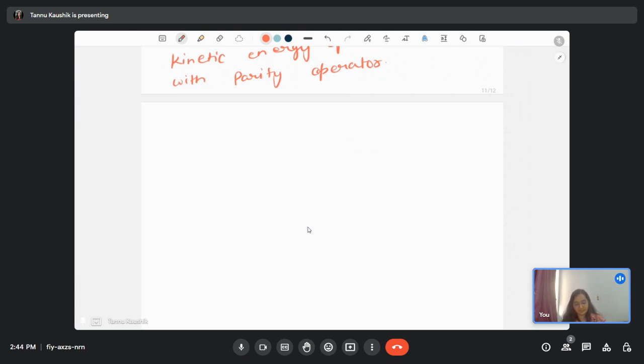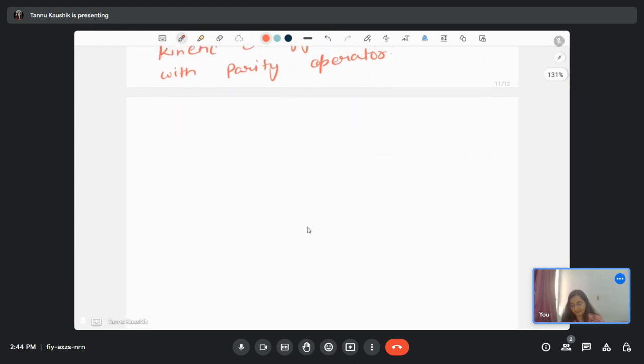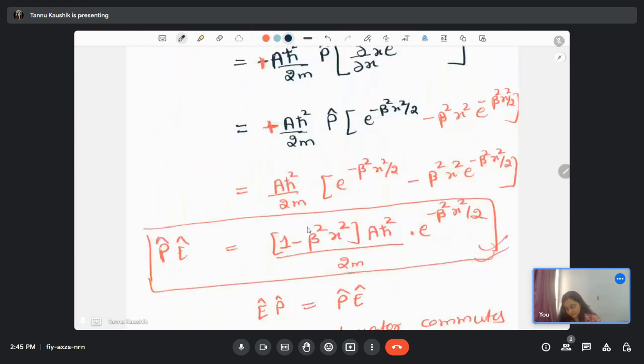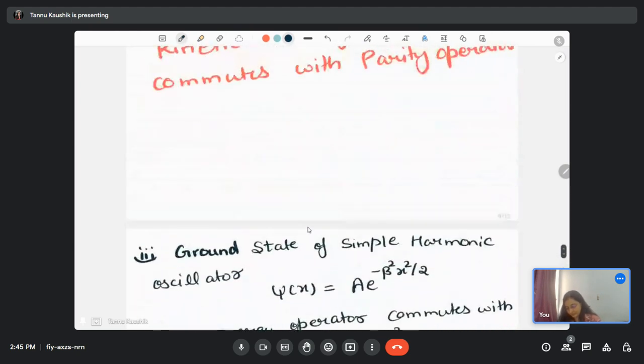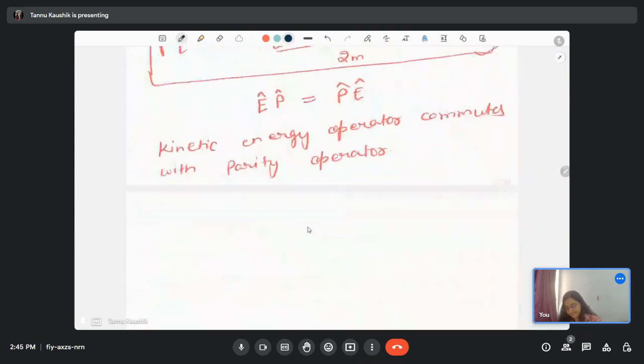So next we will be taking one example to see whether a given function is symmetric or anti-symmetric with, sorry, with parity operator.